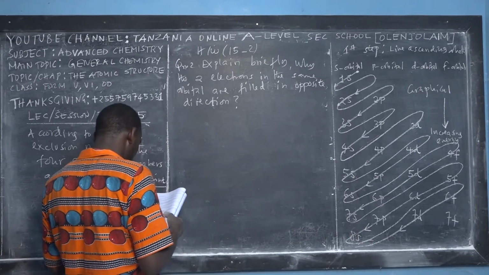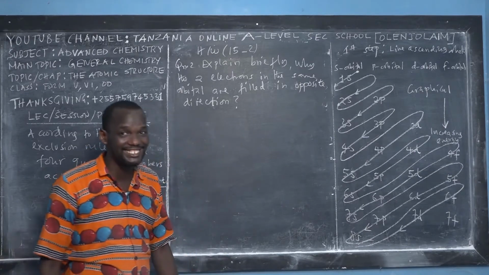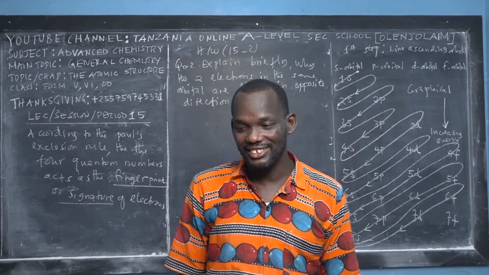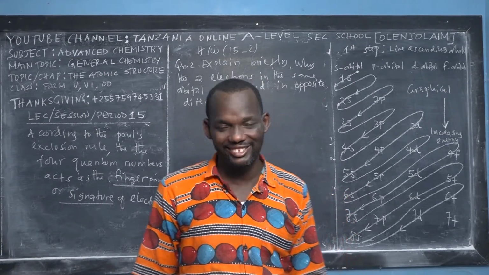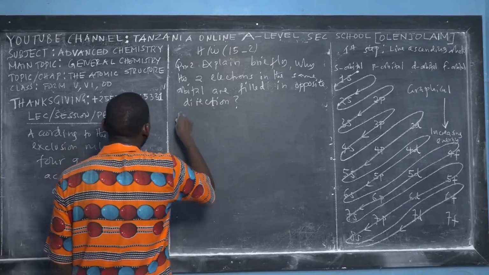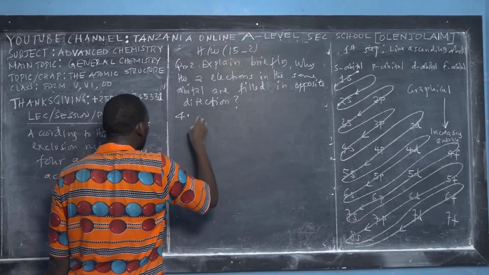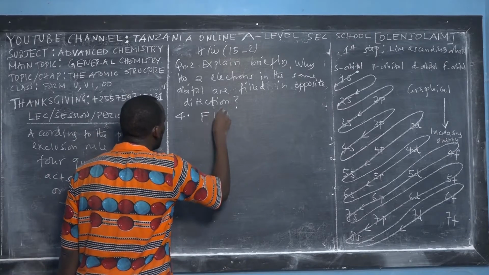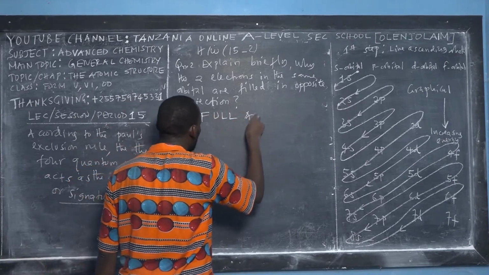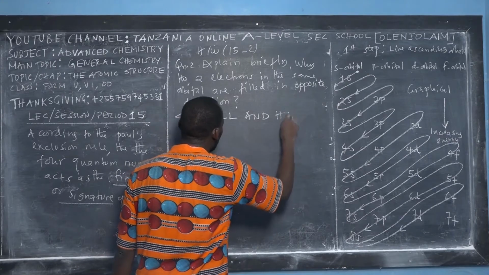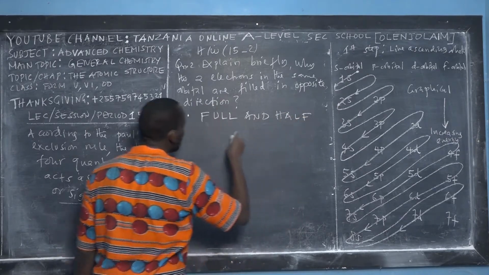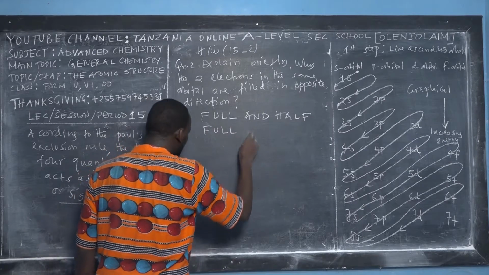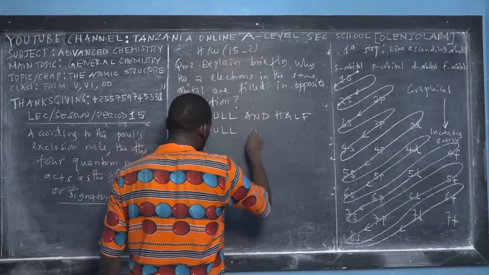Let us now go to the fourth and the last principle of writing advanced electronic configuration. It's called what? You remember it? It's called the full and half full principle or rule.